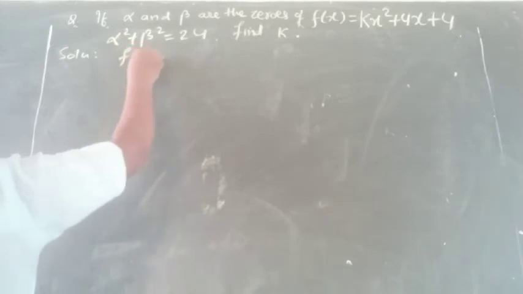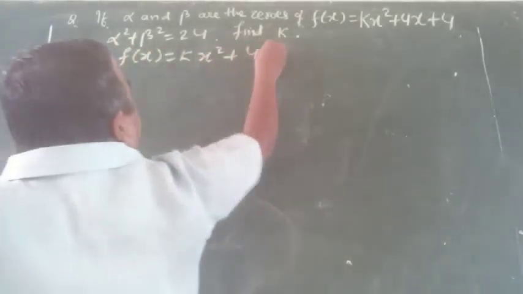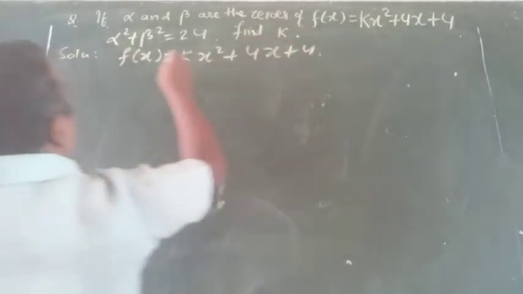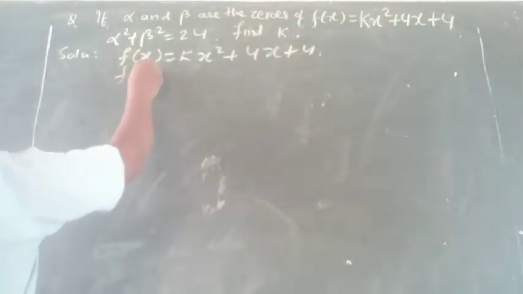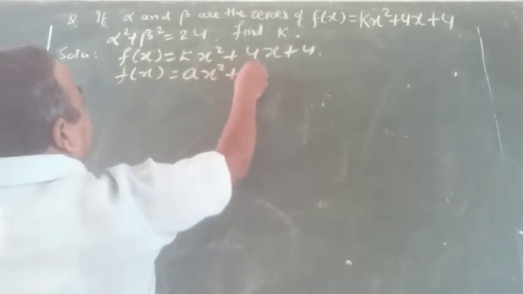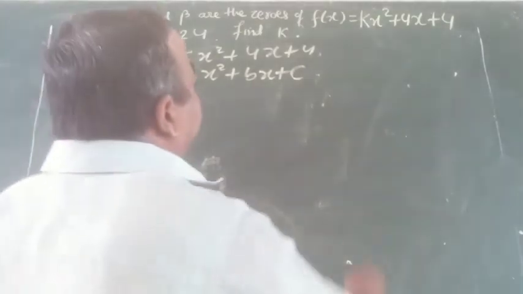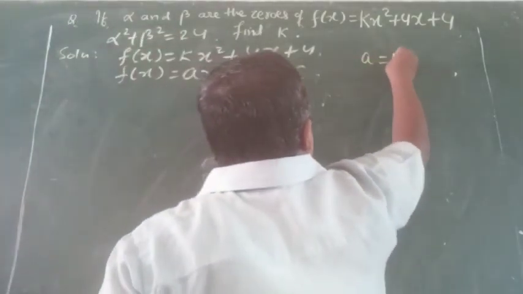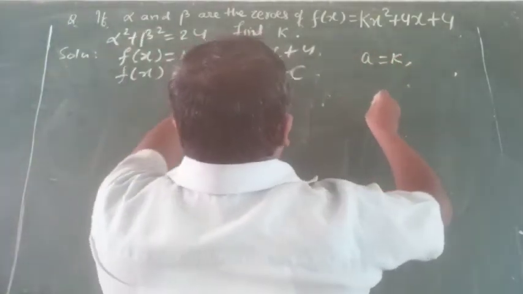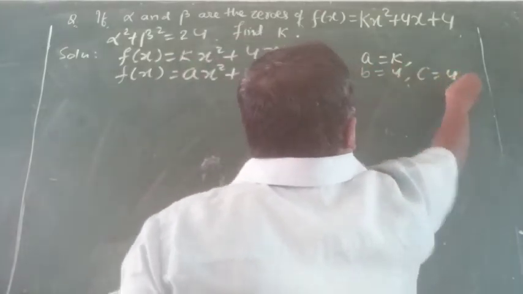f(x) equal to kx square plus 4x plus 4. Now, according to the quadratic polynomial, f(x) equal to ax square plus bx plus c. So a value is k, b value is 4, and c value is also 4.